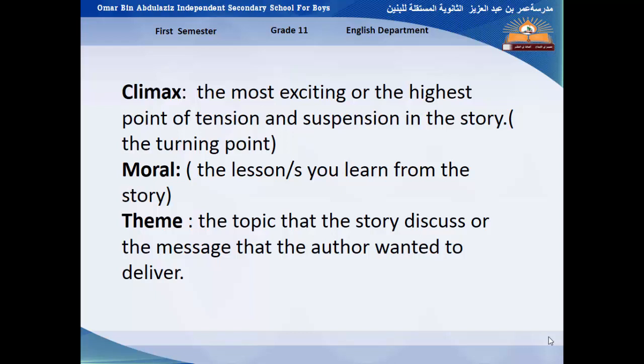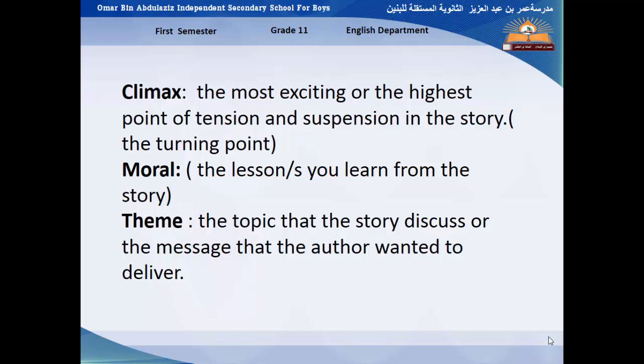What's the theme? The theme also is important in writing stories, and you may be asked a question about the theme. It's a very important and common question, especially in reading exams. The question may come like this: What's the theme of the story?